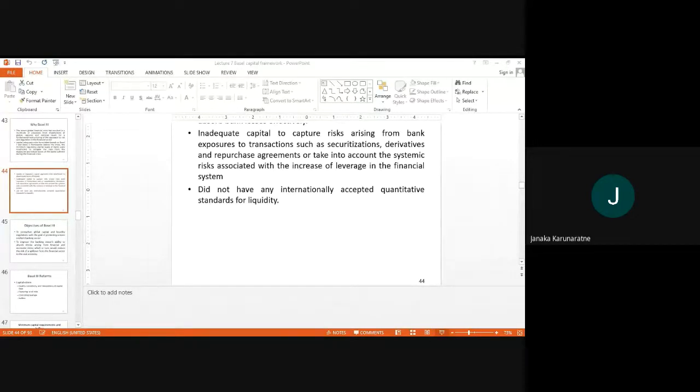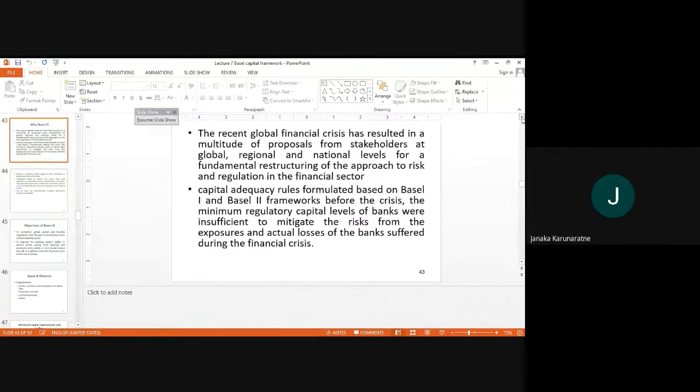Okay, let me switch to the other mode. Can everybody see this? Now in 43.